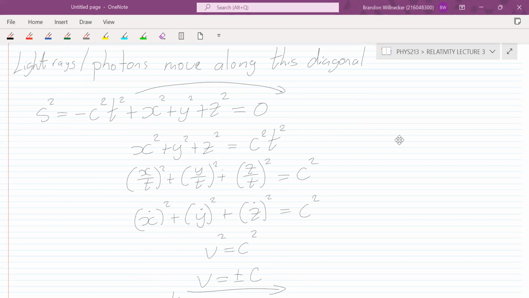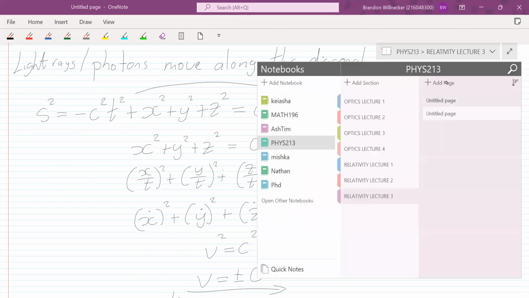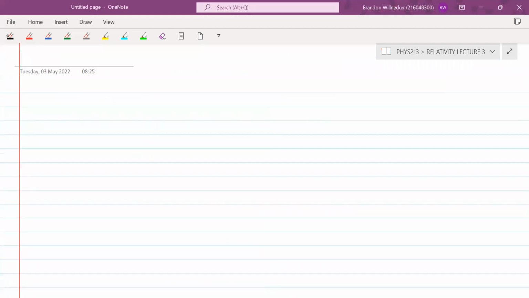However, in space-time, there are 4 dimensions. So there should actually be 4 contributions to the so-called space-time velocity. Since there are these 4 contributions from the 4 dimensions, we usually call these 4-velocities. So 4 dimensions of space-time, 4 dimensions of the velocity. Okay, so let's have a look at that. So, velocities in space-time.